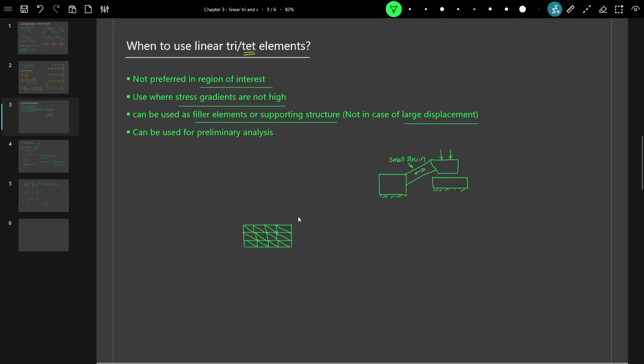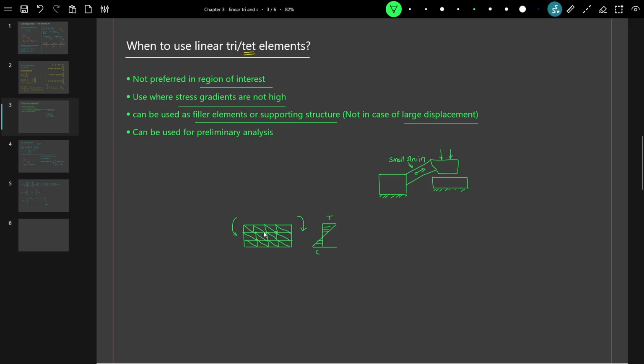This undergoes bending something like this. When we try to capture the bending stresses, which are normal stresses, we know the typical bending behavior or stresses are something like this: this is tensile and this is compressive.